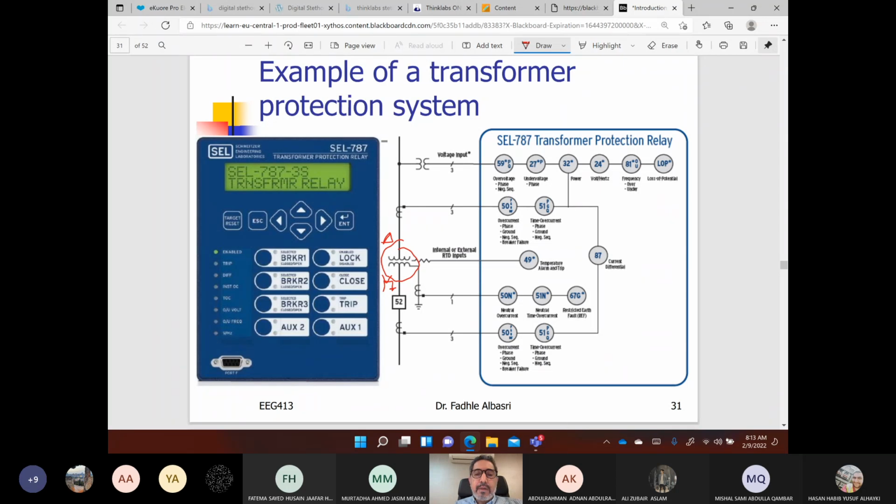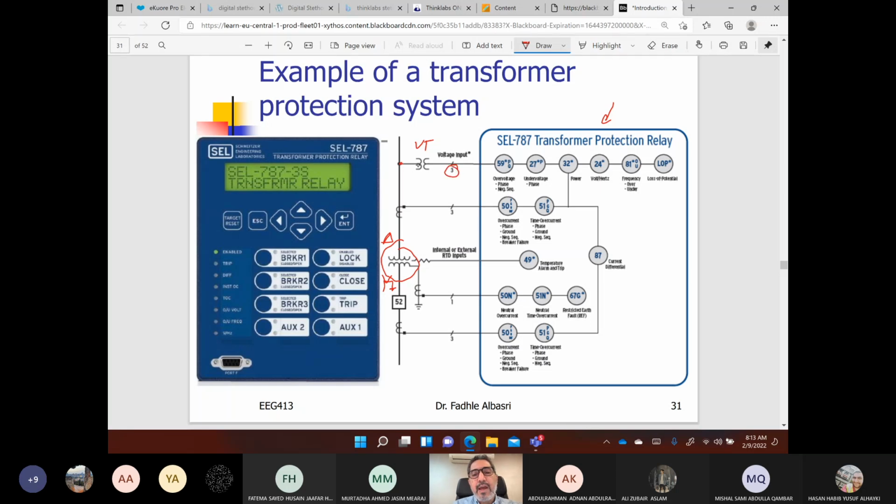This relay needs inputs, right? As we mentioned, this is a VT from which the voltage at this terminal at the delta side can be measured. I have three here.